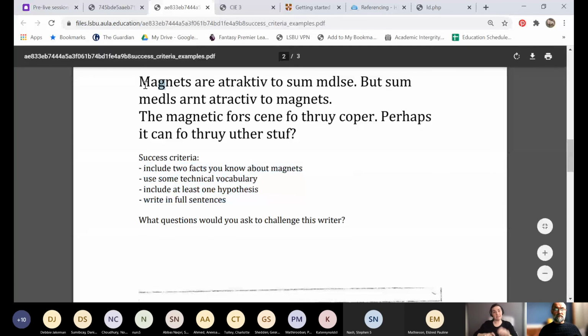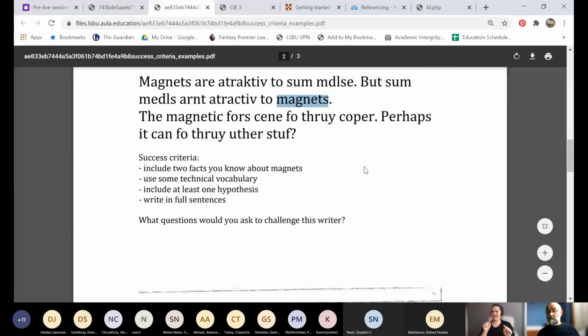So they've written, well, okay, that the word magnets was given, so the child could use that. Magnets are attractive to some metals, but some metals, and look how that's different. So that metals and that metals are different. That's okay, but some metals aren't attractive to magnets.